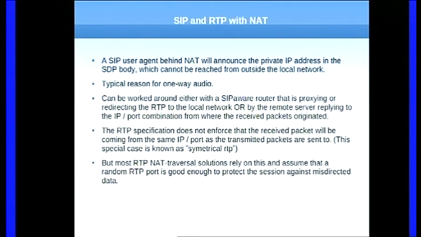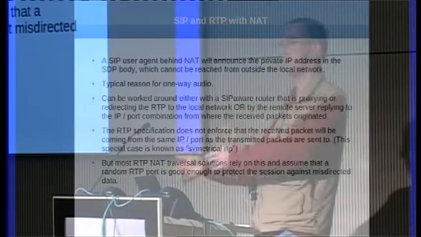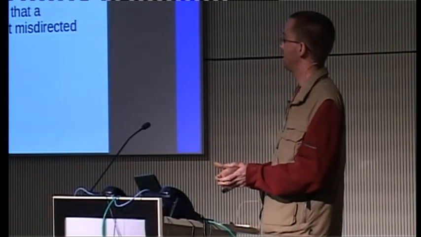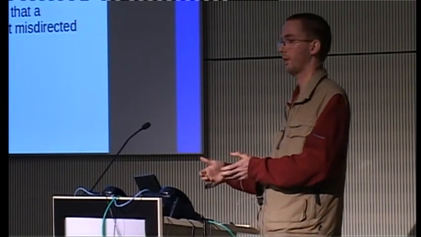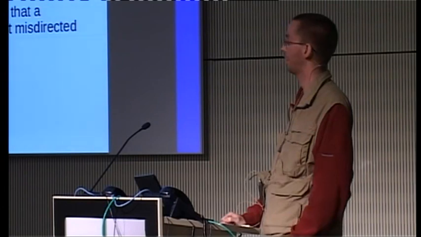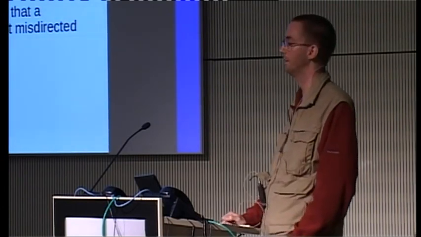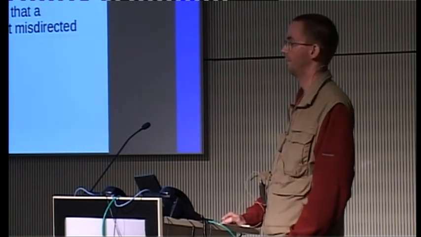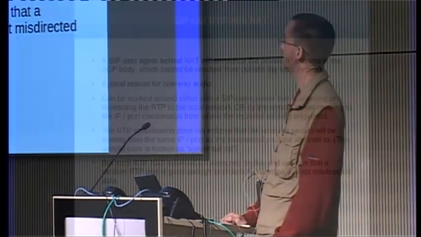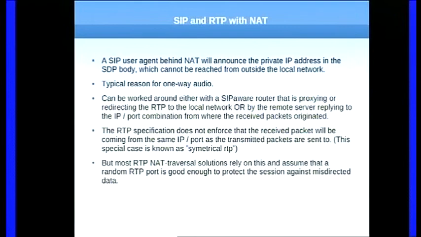But the RTP specification does not really tell you that the RTP that you are receiving will be coming from the same IP address and port that you are sending to. But most implementations just assume that this is a fact. It's a fact in like 90 or 99% of cases, but the RTP can come from somewhere else. And then we run into problems.